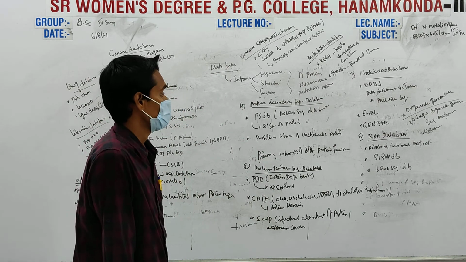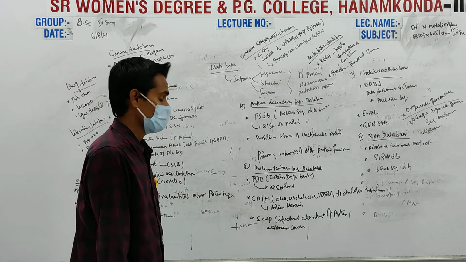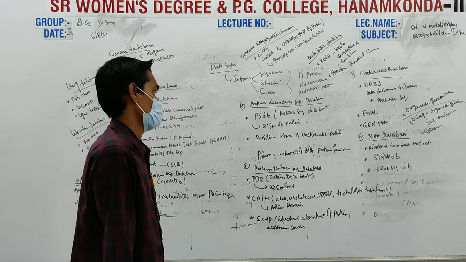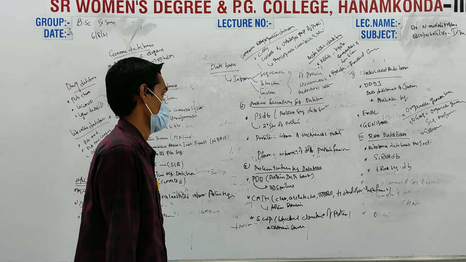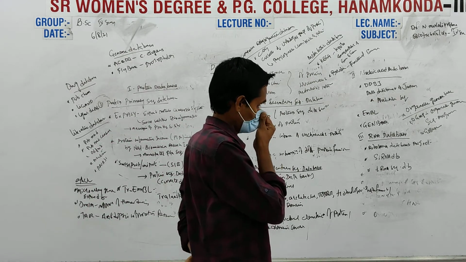Next are RNA databases, which include the Ribosomal Database Project, siRNA database, and tRNA sequence database.